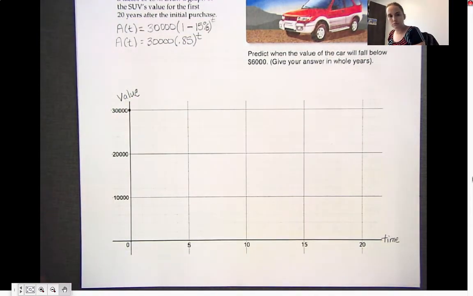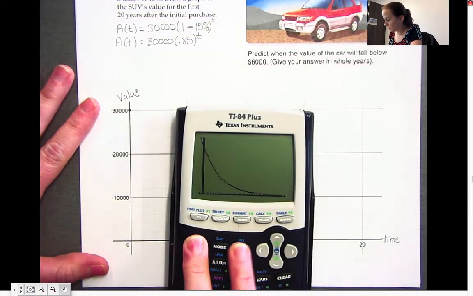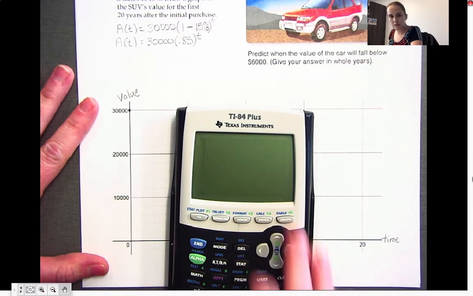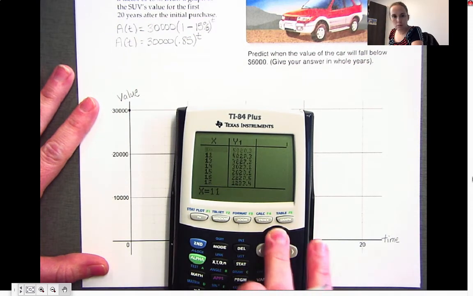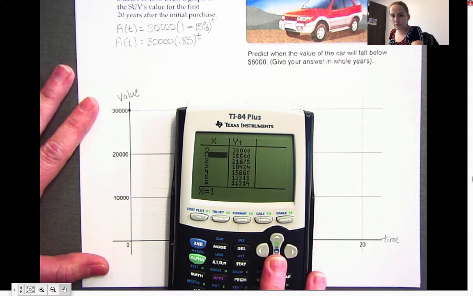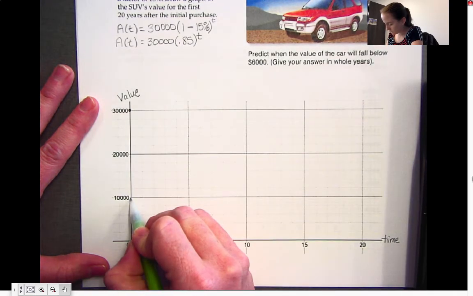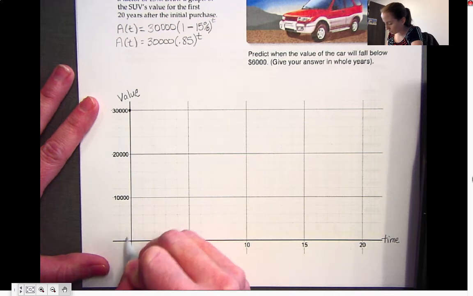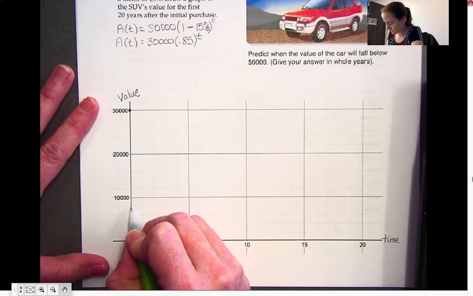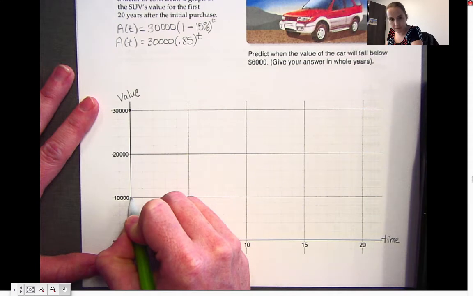Now the rest of it you just plug in, or you can go use your table. So I'm going to do second table, and I'm going to go up to 0. All right, at 1 we're at 25.5. Notice the scale here. If this is 10,000, then we had to count 2, 4, 6, 8, and that made 10.